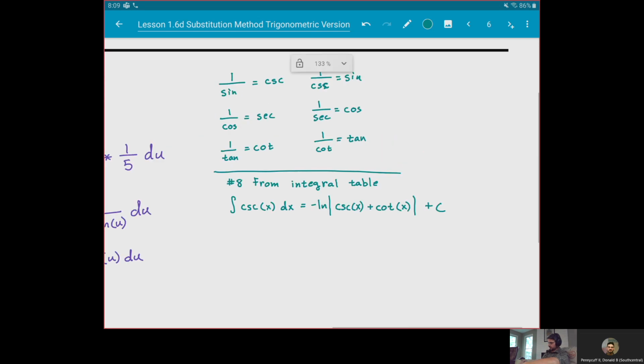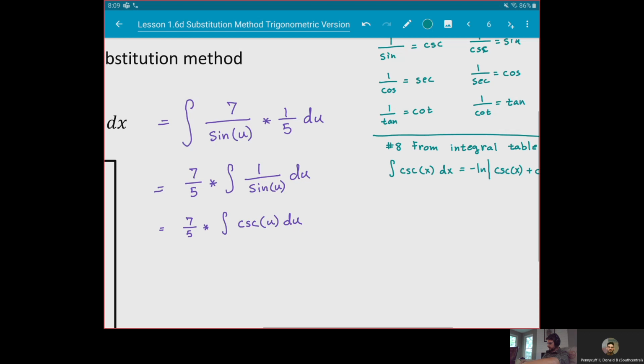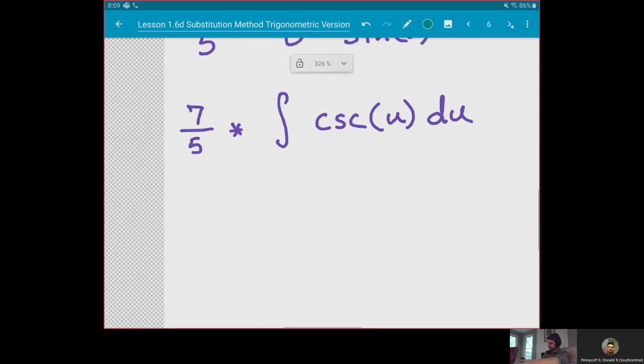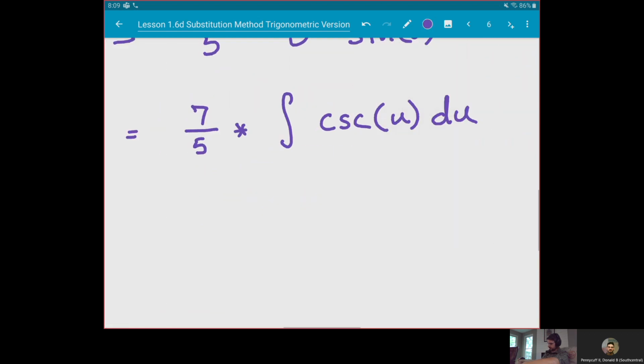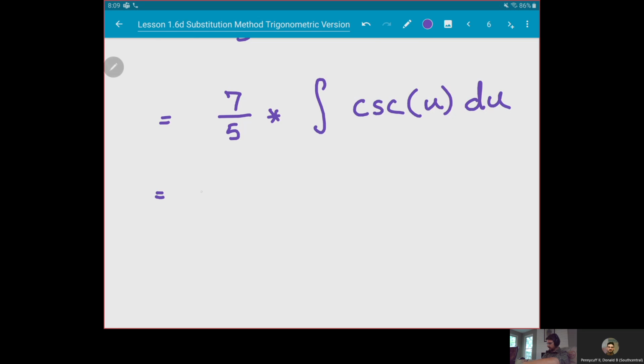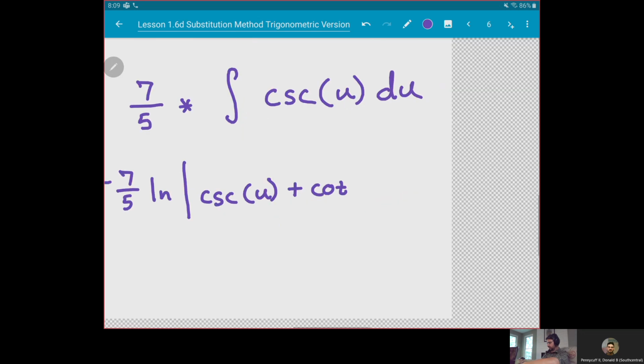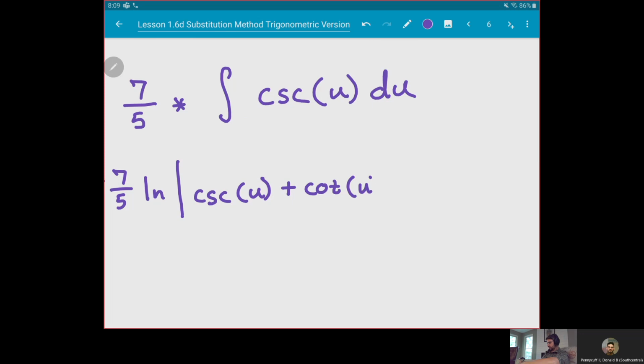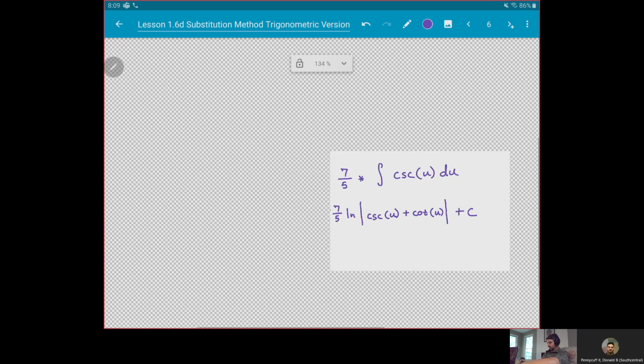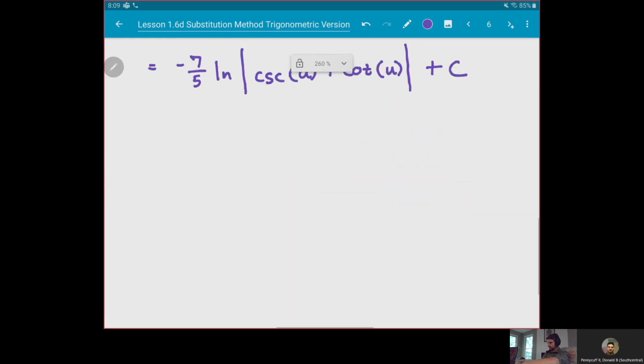Okay. So let's go to here and plug that in. So that's going to be negative 7/5 ln of cosecant of u plus cotangent of u plus c. And u is equal to 5x plus 11.